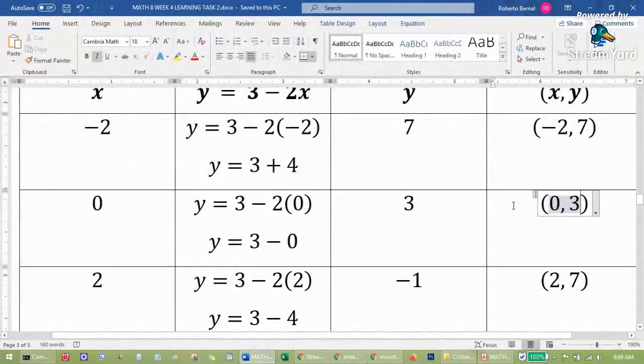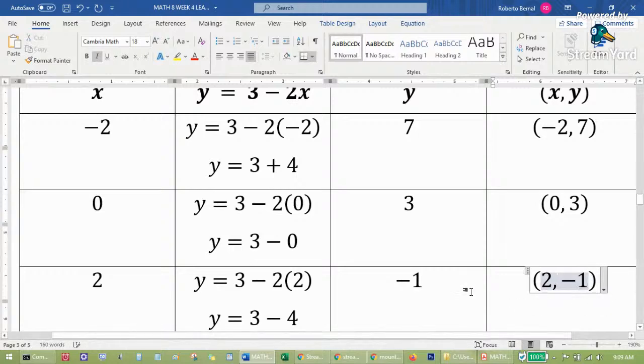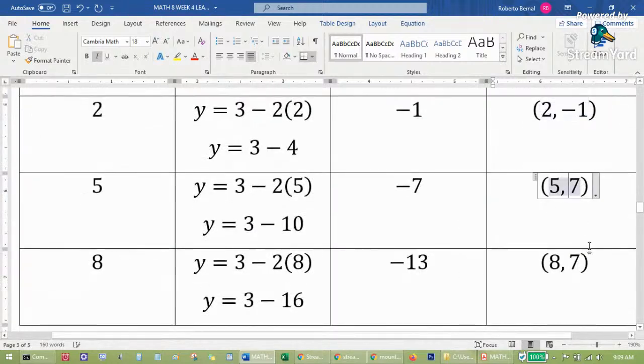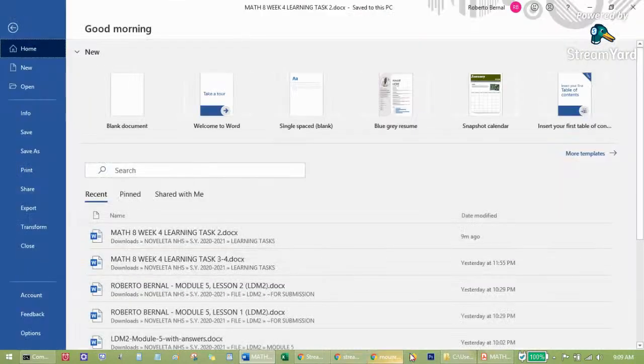Saglit lang, kukorek ko lang, ha. So, this is negative 1. This is negative 7. This is negative 13. Okay.